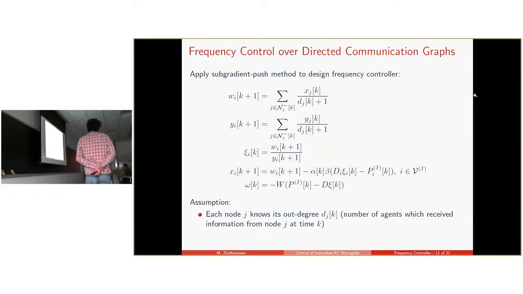This quantity is the number of agents which have received information from you. What if you send an intelligent signal, the node that receives? That's gonna slow down your algorithm, right? So we don't want to increase the sampling period.